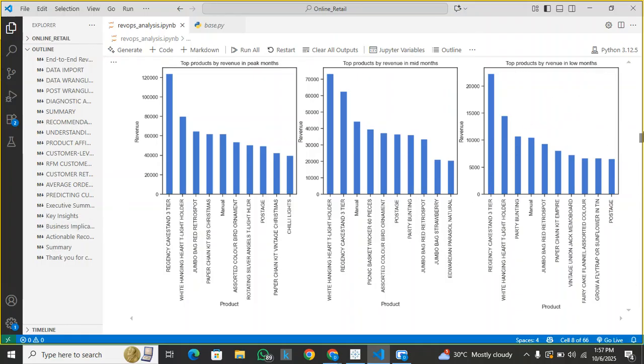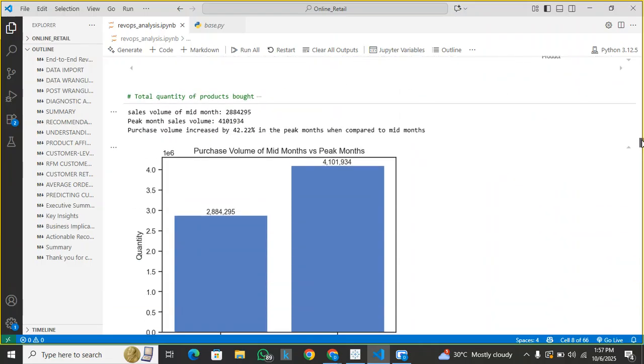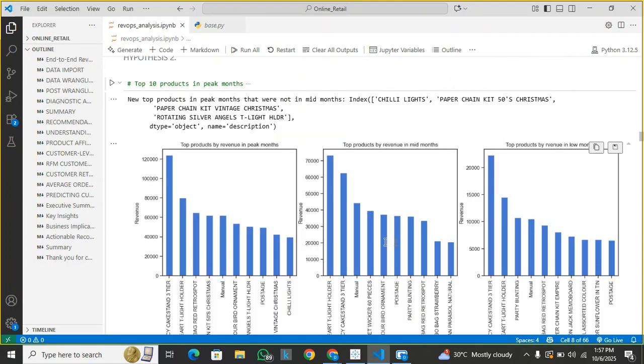So this is a comparison of the top products in the peak, the average, and the low months. And then I carried out analysis on the sales volume in the average month, and I compared it with the peak month, and the purchase volume increased.